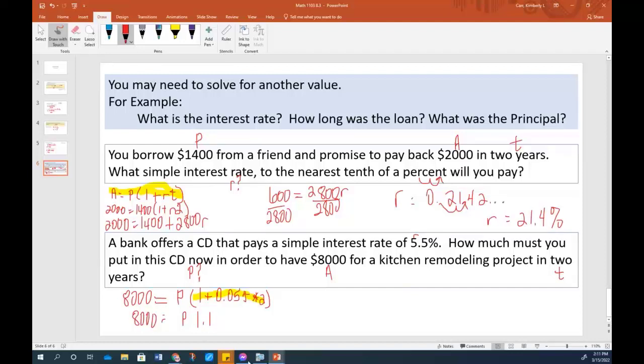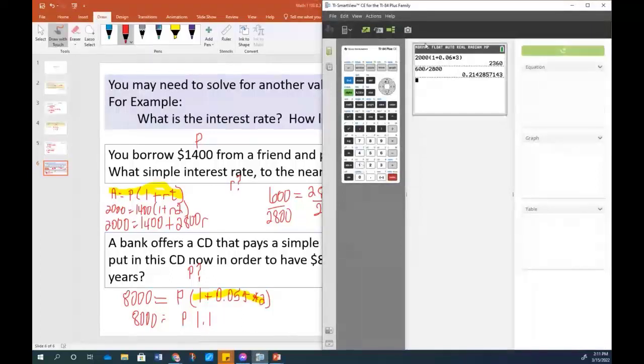And again, it would have been fine to just bring that up on a calculator and say, okay, I need to do 1 plus 0.05 times 2. I get 1.1. But now looking at our problem, the next step I need to do is divide by 1.1. So it'll be 8,000 divided by 1.1.